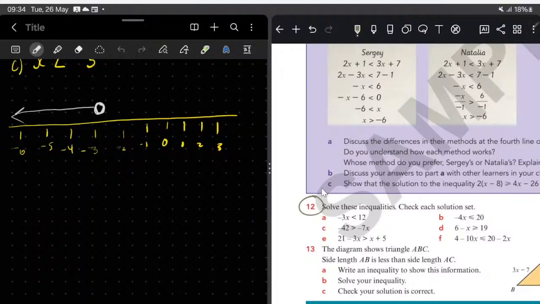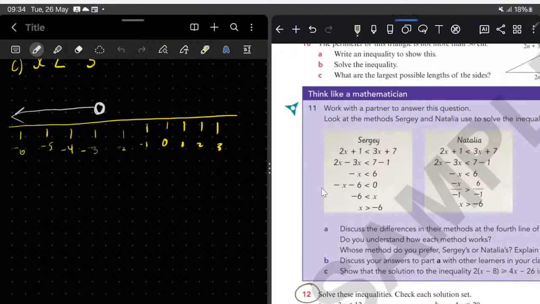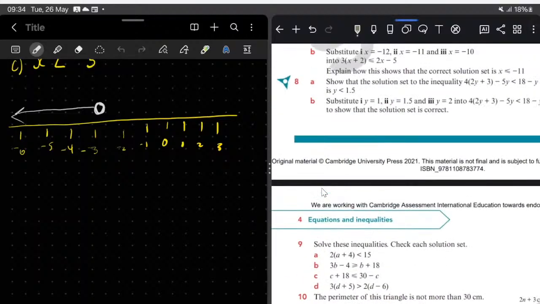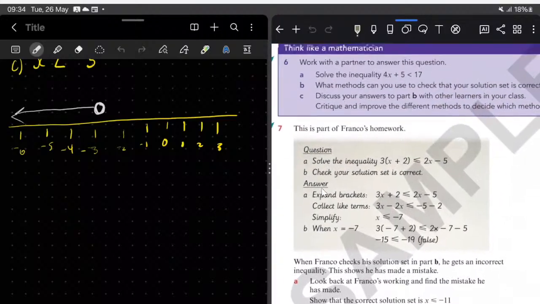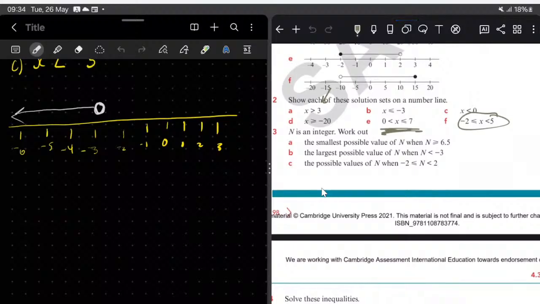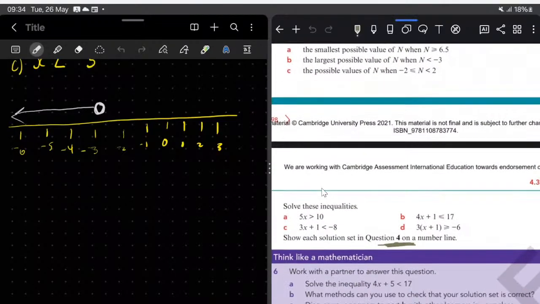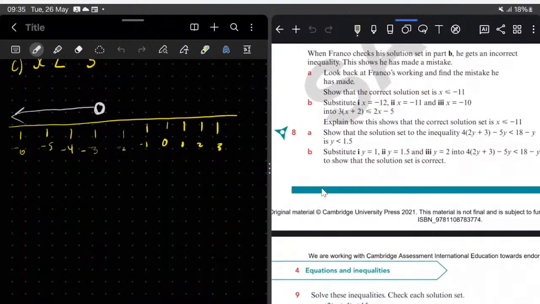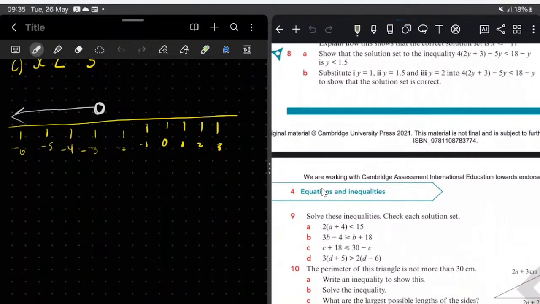Oh, okay. Question 12 I haven't taught you because the x is negative there. All right, let me give you one similar to this one which we have done, and then we do the next thing, okay?